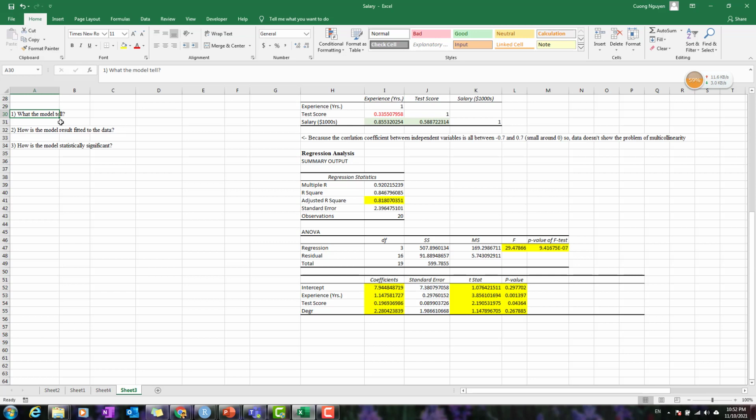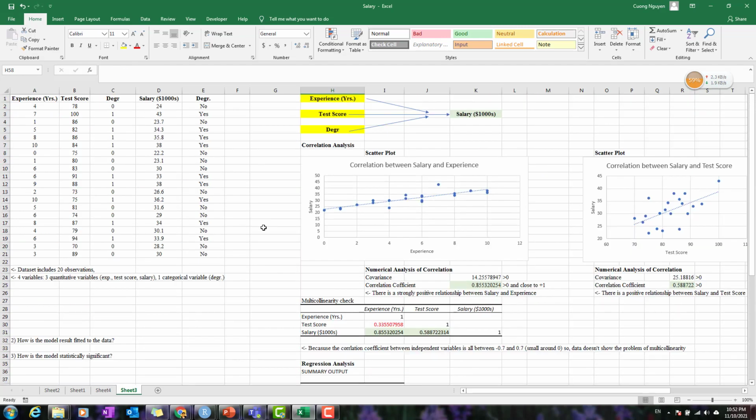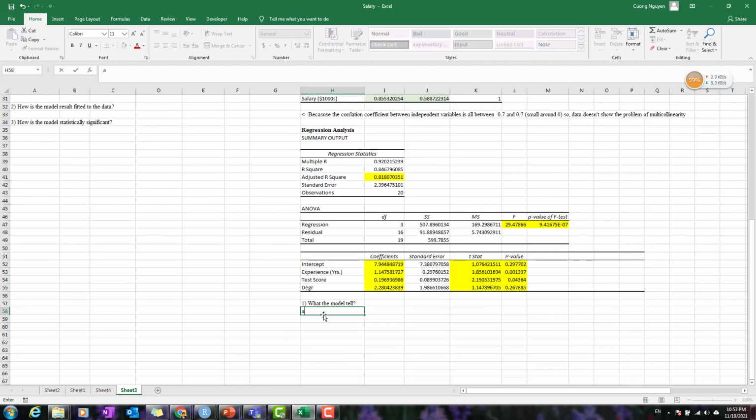So first of all, we're going to answer all the questions separately. First, the model. Okay, what does the model tell? So first of all, we want to write out the regression model.